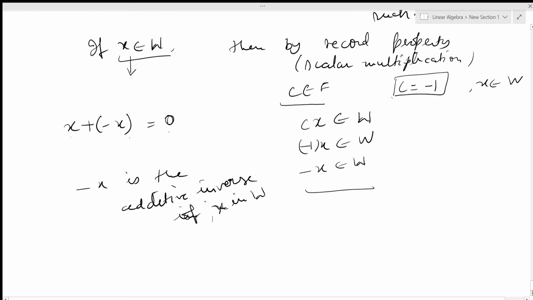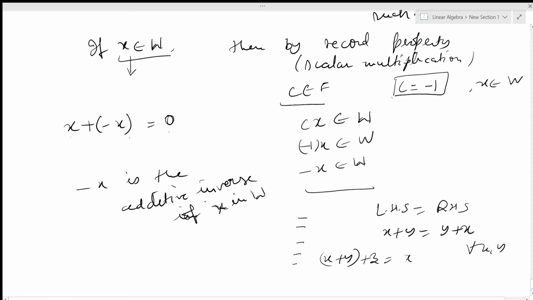Now the remaining properties are the same as for V, because for the remaining properties, the left hand side and right hand side are equal, like x plus y is y plus x. This is true for all x, y, and associativity like x plus y plus z, this is for all x, y, z.